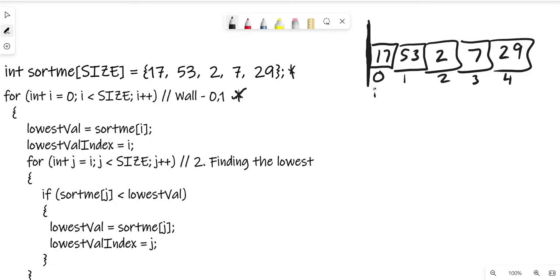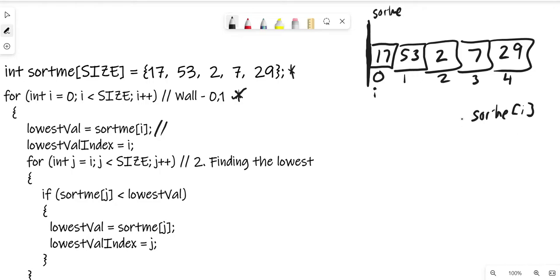We'll go through this. Now, lowest val is sortMe of i, right? So if we take a look at what sortMe of i is, remember my array name is called sortMe. What is sortMe of i? sortMe of i in our first traversal is going to be 17, right?